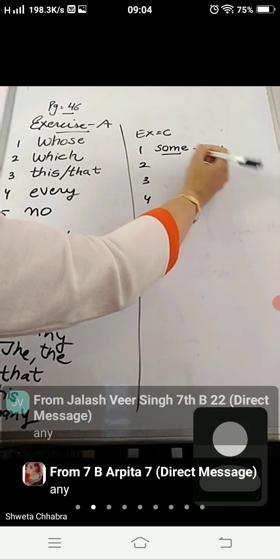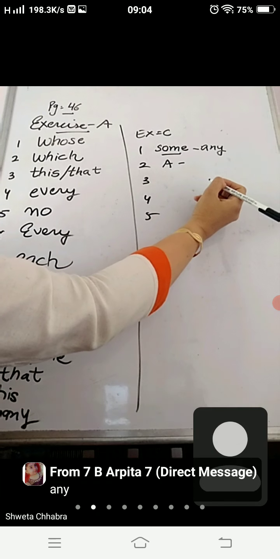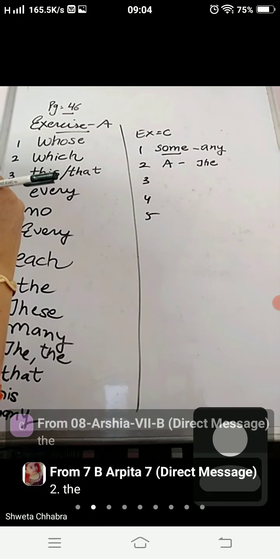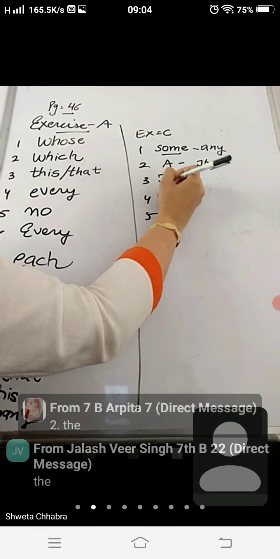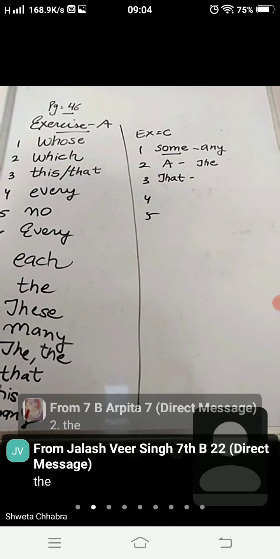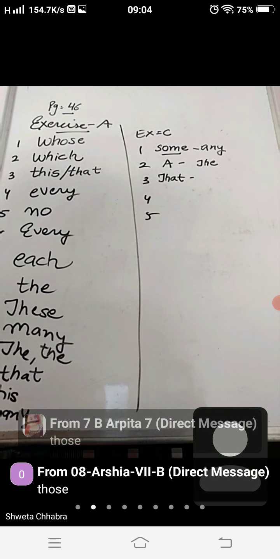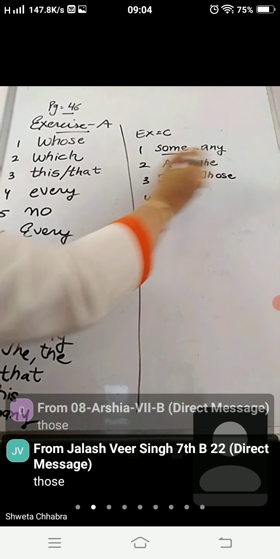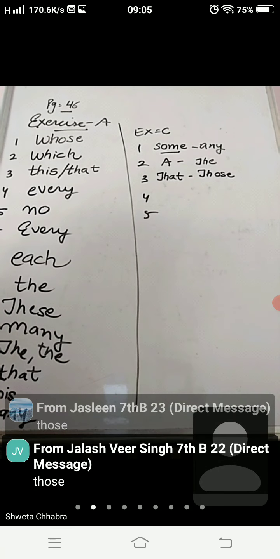A man in white uniform. In place of a, what will come? The. Very good. That two girls. In place of that, what will come? Those. Other students are not participating. Shall I announce their names in my class? Those who are not participating, I have made their list, beta.